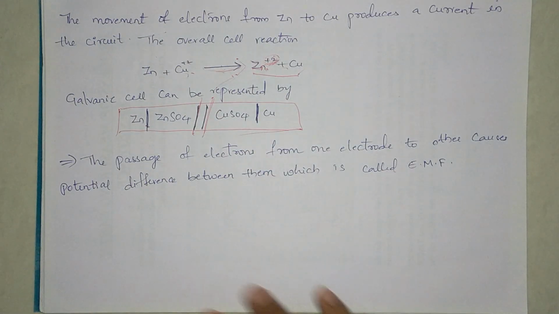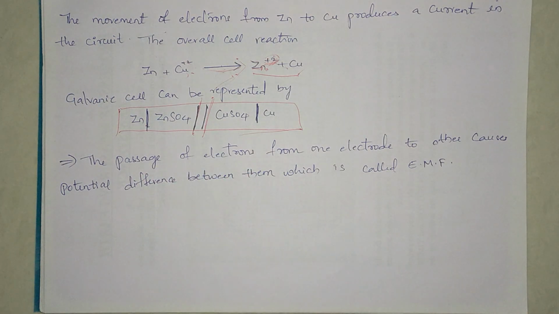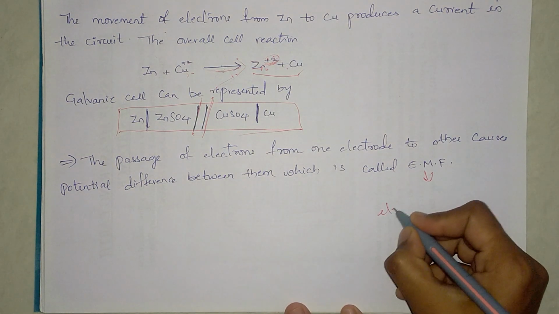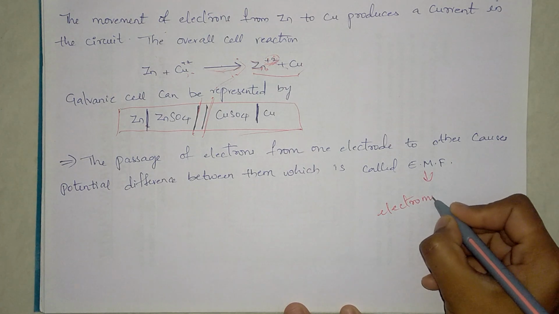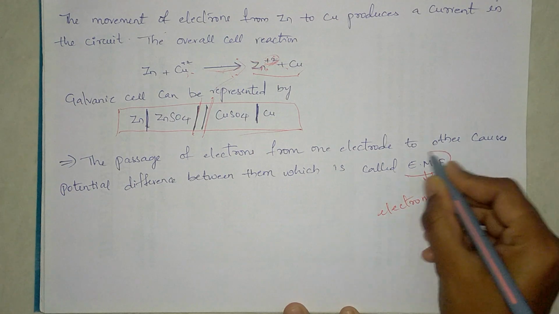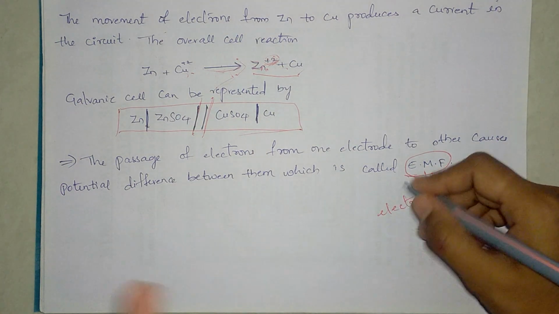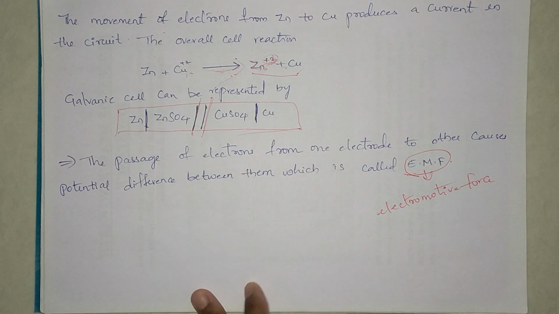Now the passage of electrons from one electrode to the other causes a potential difference, meaning a voltage difference. That is called EMF, which stands for electromotive force.